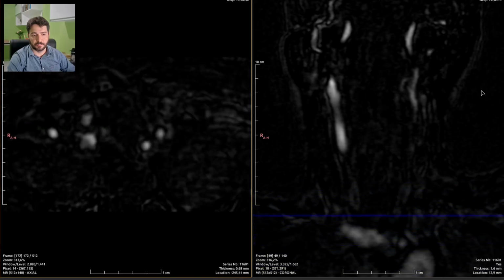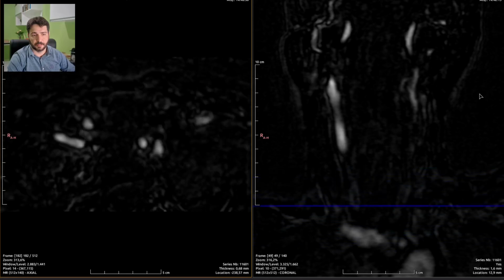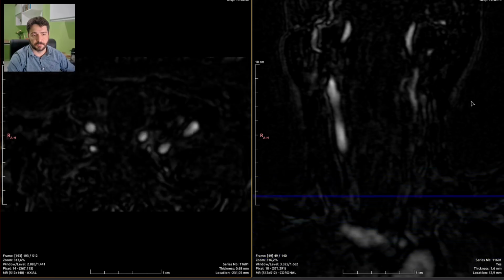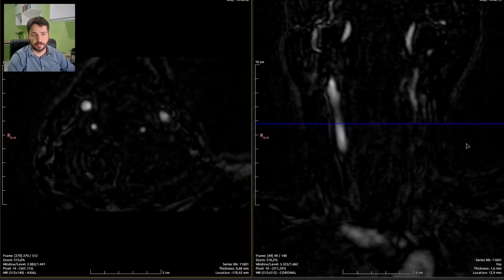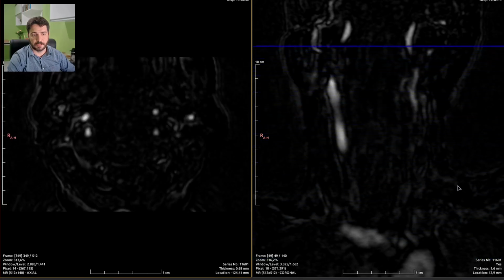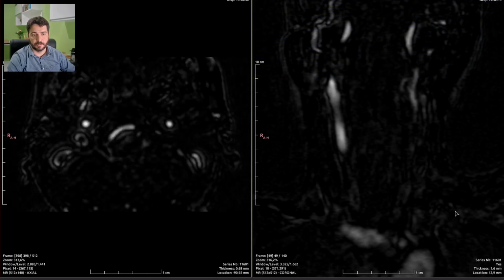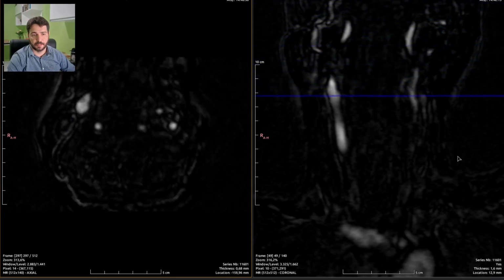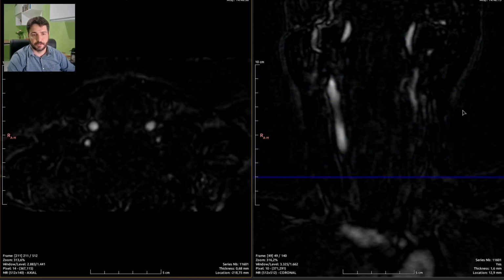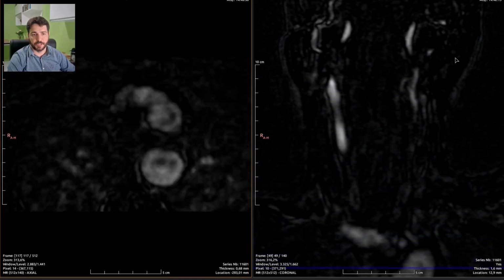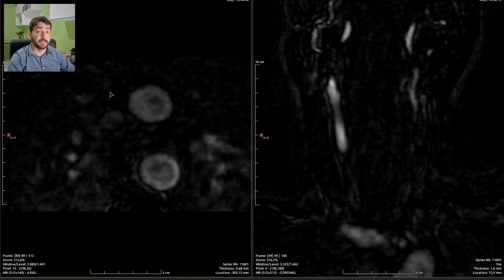Subclavian, brachiocephalic trunk seems fine also, and the carotids are also as preserved as they could be at age 73. So let's just describe that mild stenosis and get on with our exams.